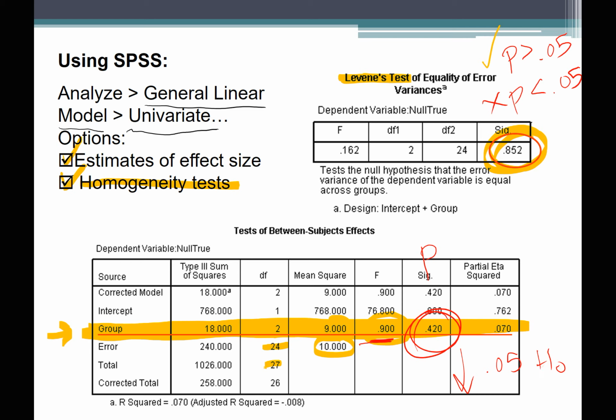Alright, so we'll keep it. Because we don't have sufficient evidence to reject our null hypothesis. Our means aren't far enough apart that we're confident saying that they have to come from different populations. Our between group variability is not so much more than our within group variability that we can say, nope, these are from different populations.